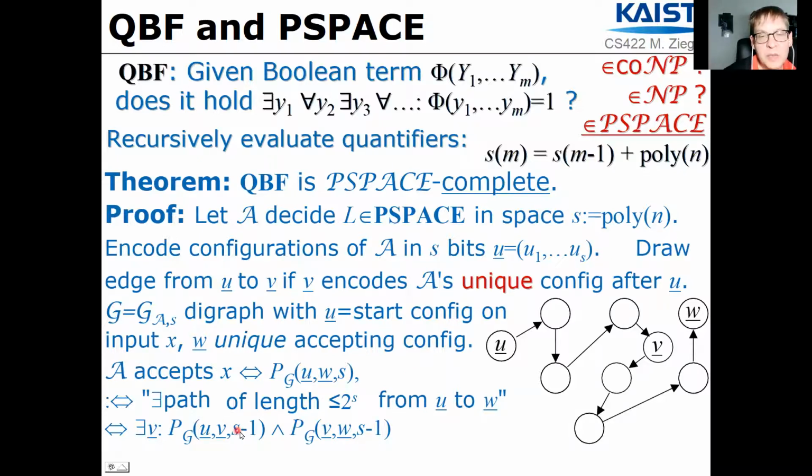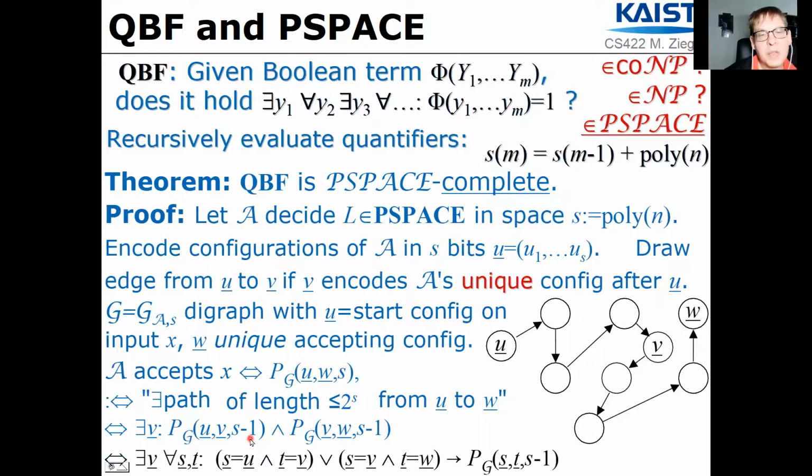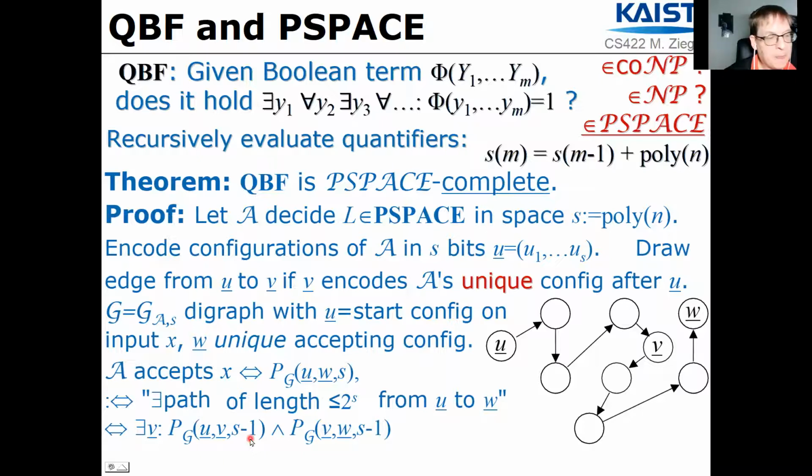So when proceeding from S in the induction step to S minus 1 in the induction hypothesis, the number of quantifiers doubles each time. So we have 1 in the first step. Next, we will have 2 more. In the next, we'll have 4 more. In the next, we have 8 more.